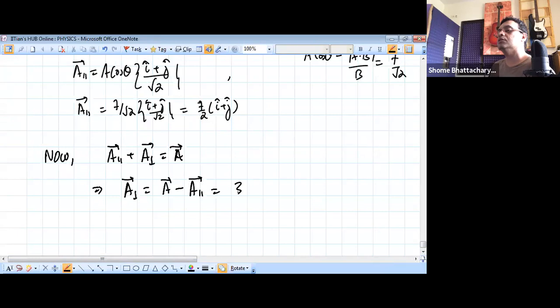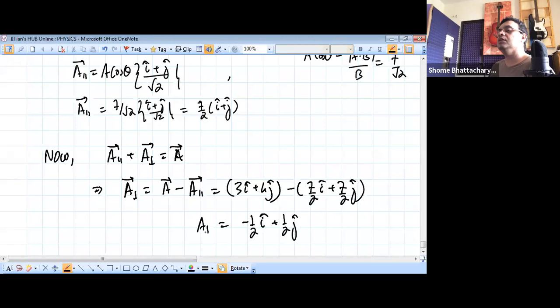So the vector A was 3 I cap plus 4 J cap. And just now above we have seen that the parallel component is this. This is why we needed to find this, so that we can substitute this one. This is 7 by 2 I cap plus 7 by 2 J cap. So 3 minus 7 by 2 will give you minus half, and 4 minus 7 by 2 will give you plus half.